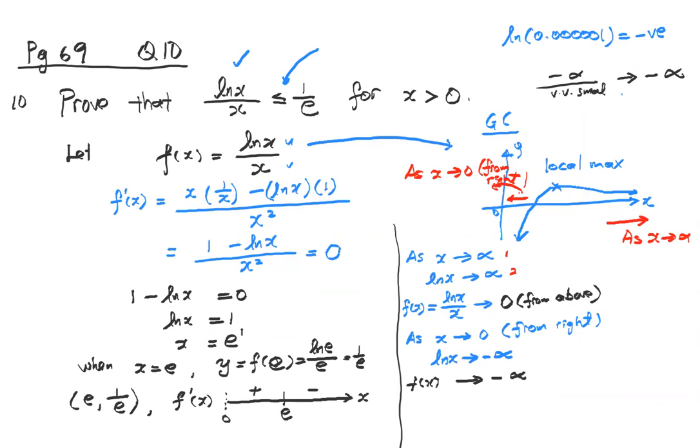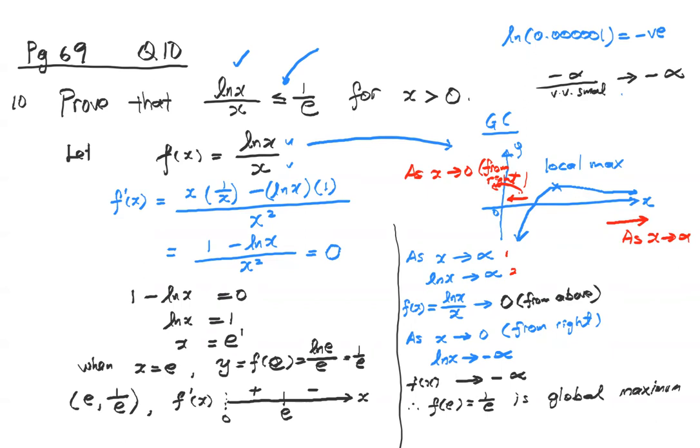Therefore, f(e) equal to 1 over e is the global maximum. That means that is the highest value of my f(x).